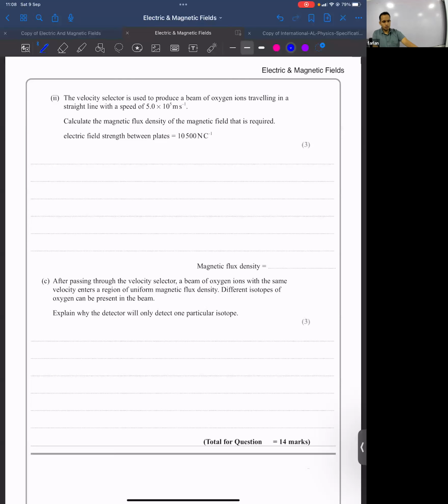Okay. So guys, the primary condition required for the particle to move in a straight line is that the force due to the magnetic field and the force due to the electric field should be equal and opposite in direction. Then only will it move in a straight line. So here we can take Fm equals Fe: force due to the magnetic field equals force due to the electric field.